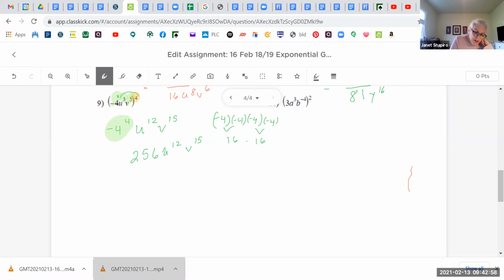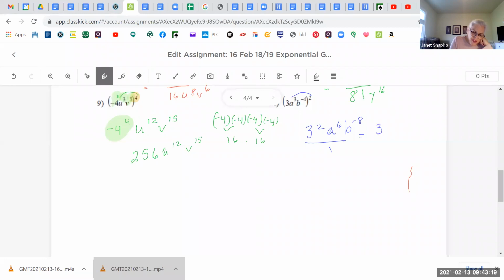All right, I distribute my powers here. So I have 3 squared, a to the 6th, b to the -8. Okay, that's all over 1. So I need to move my negative exponent.